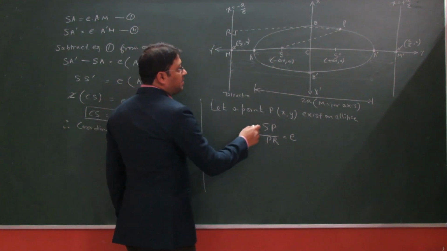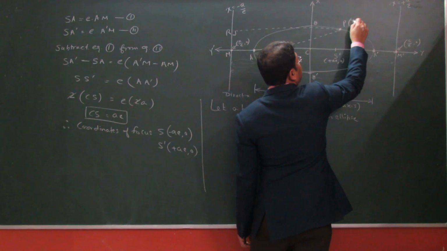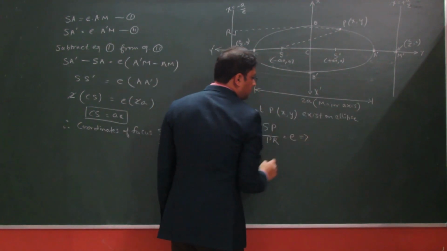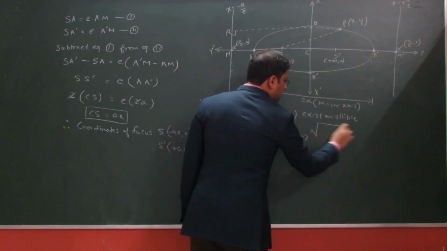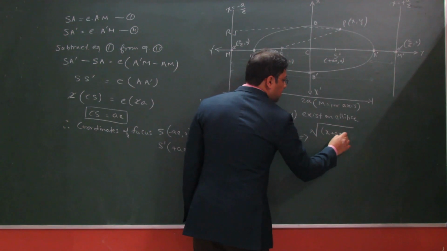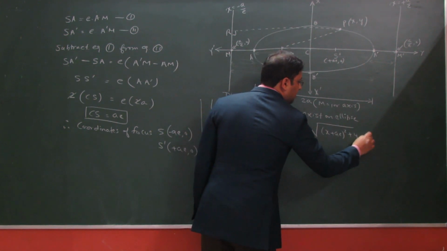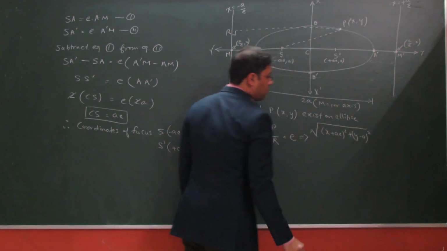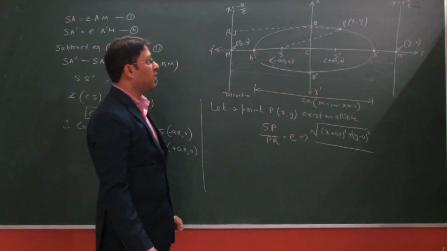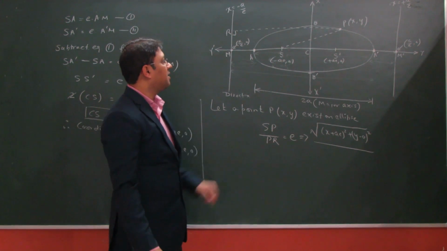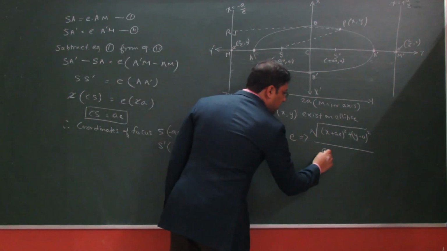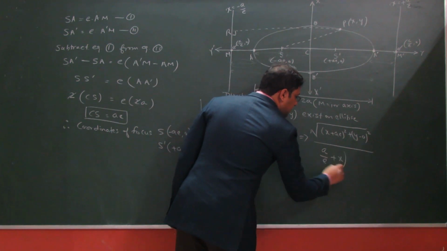Now, because point P is (x, y), applying the distance formula, the SP distance is under root of (x plus AE) whole square plus (y minus 0) whole square, divided by the distance of point P from the directrix, PR, which will be equal to A by E plus x.